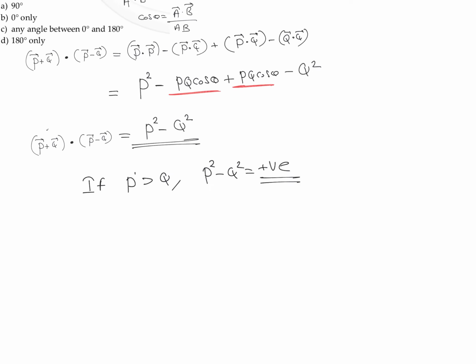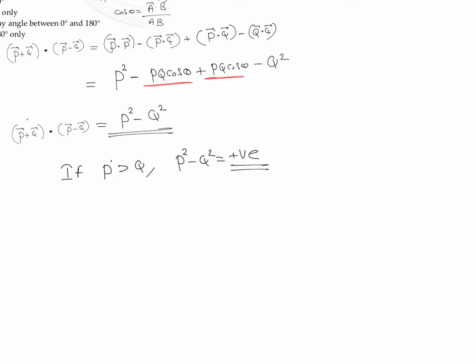The dot product is positive when theta is less than 90 degrees, so the angle can be less than 90 degrees if P is greater than Q. If P is less than Q, then P square minus Q square is negative, and theta is greater than 90 degrees.